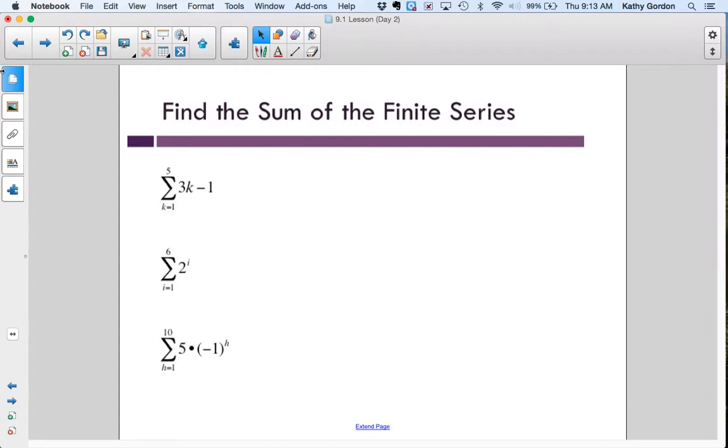Yeah, so they're all starting with ones. First one goes up to 5, second one goes up to 6, and the third one goes up to 10. I guess you can't see that very well.